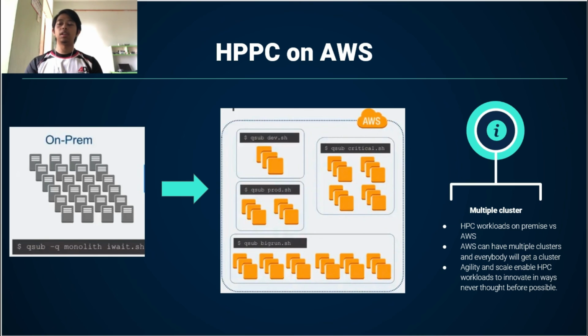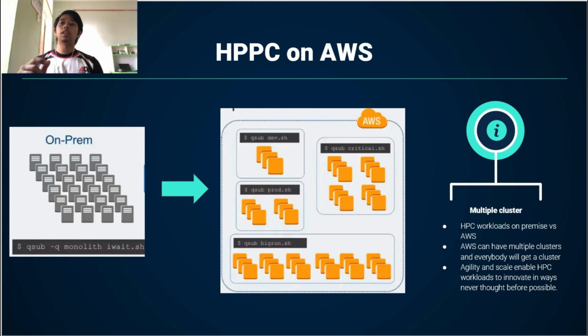In comparison, by looking at running HPC workloads on premises versus with AWS, originally HPC systems have been one monolithic system with one queue and long wait times. As an example, if the R&D, which is research and development, wanted to try something completely out of scope, they may have to wait a long time before they can even see the results.